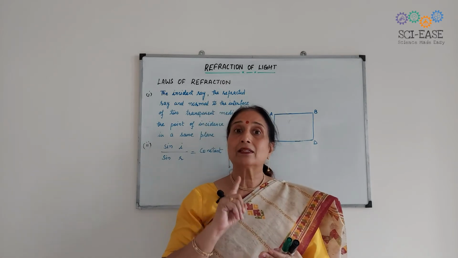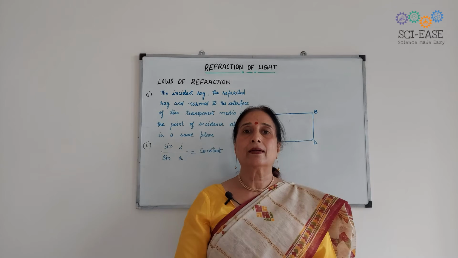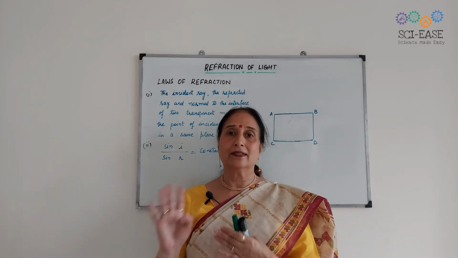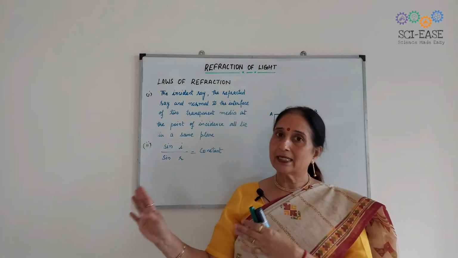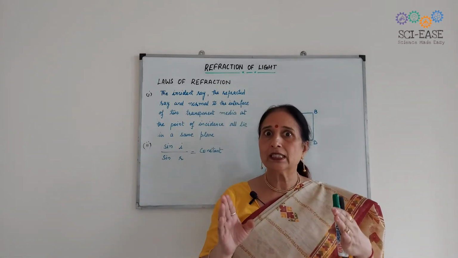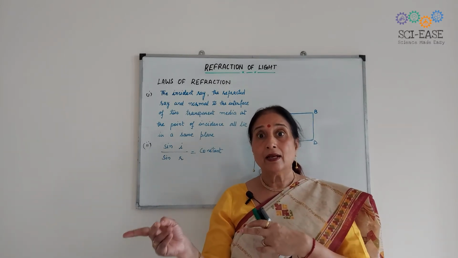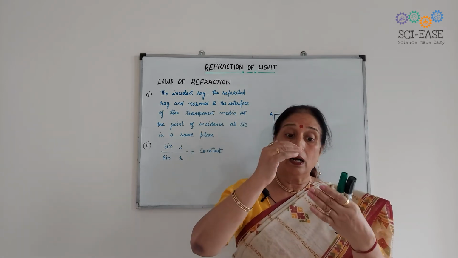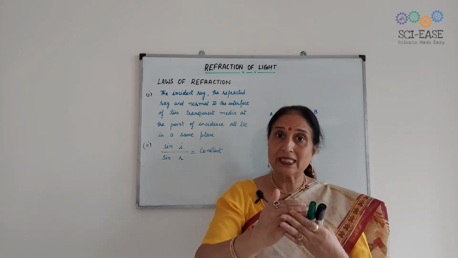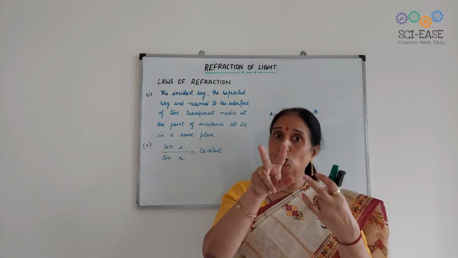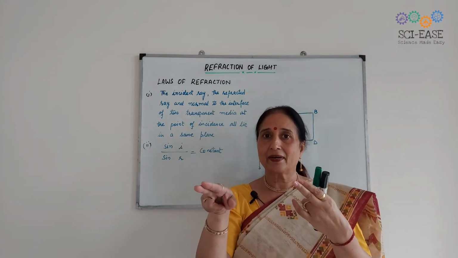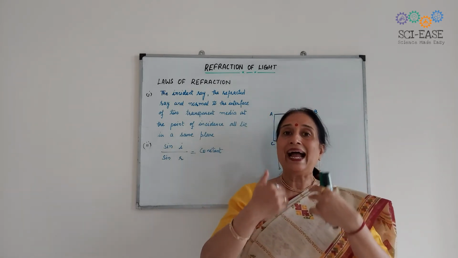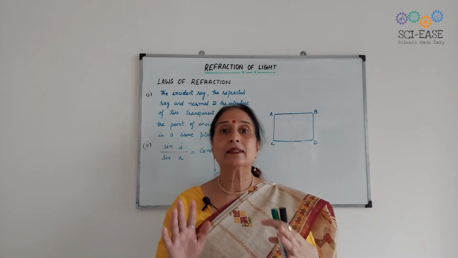You know that the speed of light in air is 3 into 10 to the power 8 meters per second. It will be different, lesser, in glass, because water is denser. Now the two terms, denser and rarer: air is a rarer medium, while water and glass are denser than air.